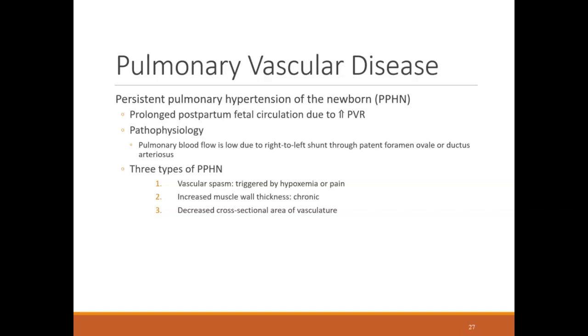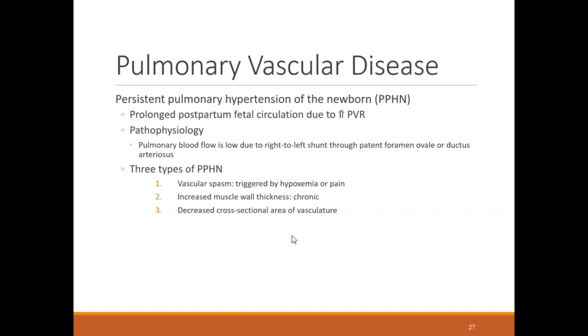Your book breaks it down into 3 main types of PPHN. For causes, there's vascular spasm, anything that's going to trigger the pulmonary vasculature to constrict. Typically hypoxemia is going to be a big cause of it, or pain.